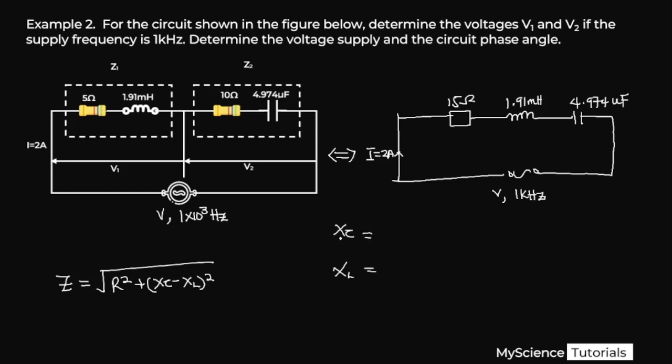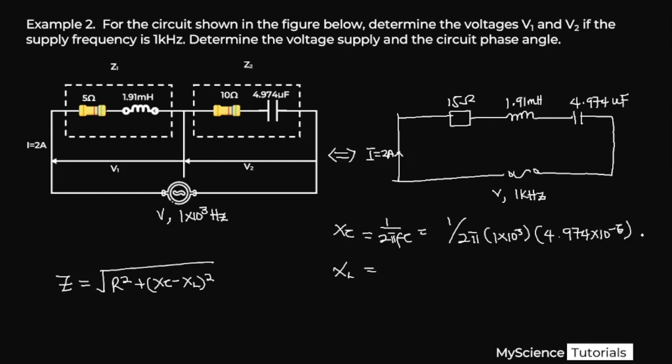This is quite following the same trend. So our XC, we said, is 1 over 2 pi F C, and that is equal to 1 over 2 pi. Our frequency is 1000, so 1 times 10 raised to the power 3, then multiplied by our capacitor. The capacitance of the capacitor here is 4.974 times 10 raised to the power minus 6.